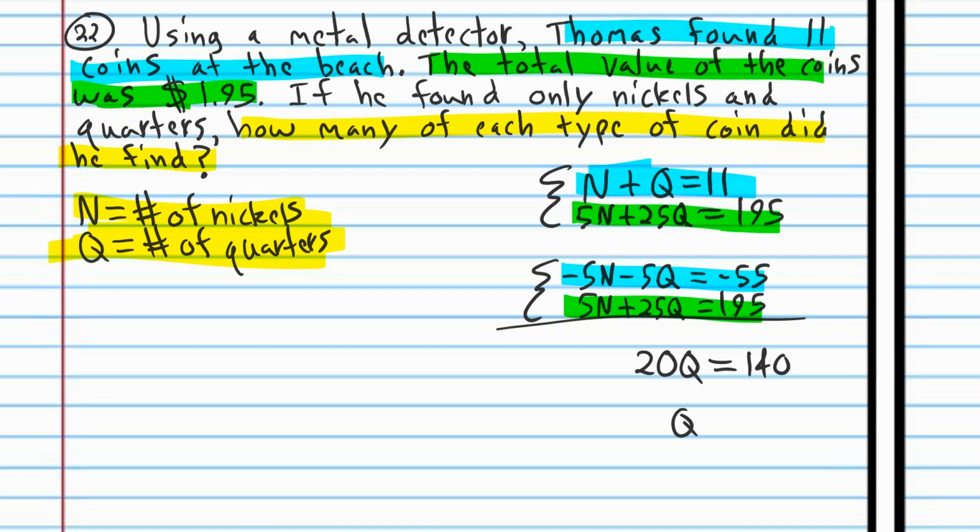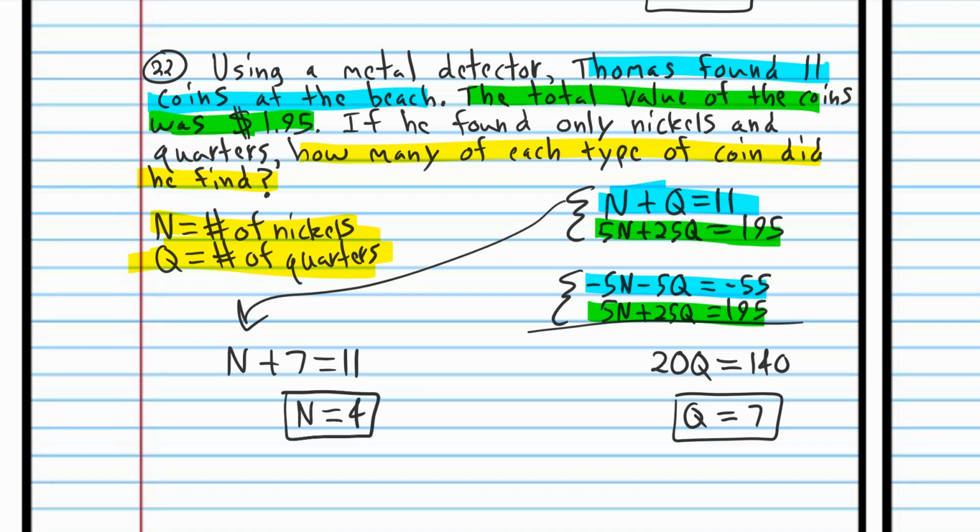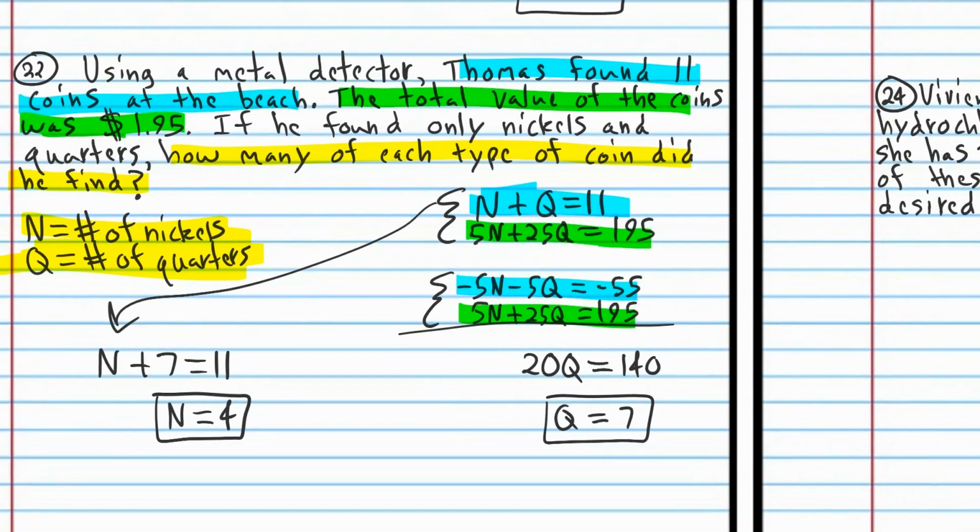Divide both sides by 20, and we see that we have 7 quarters. And obviously, if we have 7 quarters, we have 4 nickels. So if you got those answers, good job.